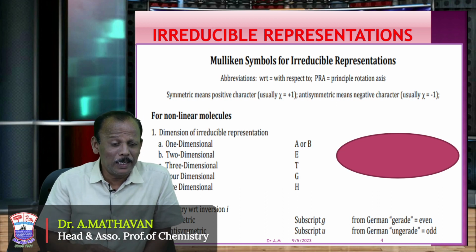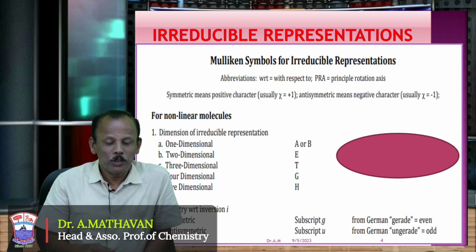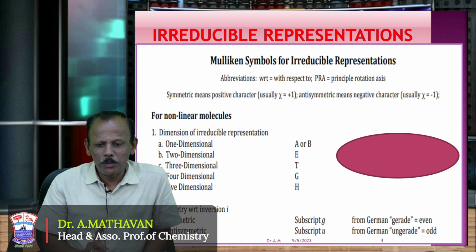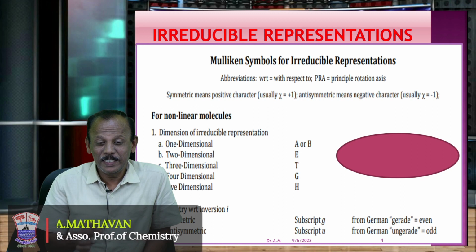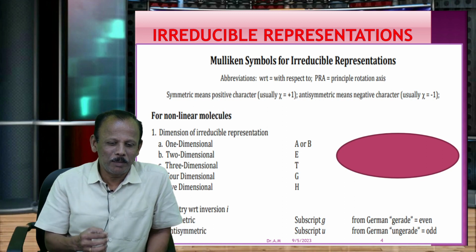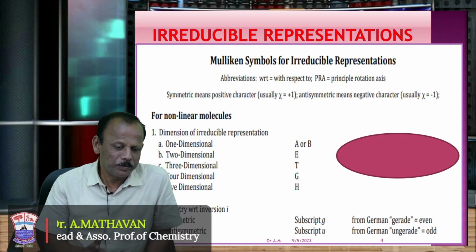When the molecules are non-linear, all one-dimensional representations are A or B, 2-dimensional representations are given as E, 3-dimensional representation is T, 4-dimensional is Z, and 5-dimensional is H. Only up to 5-dimensional representations are given.